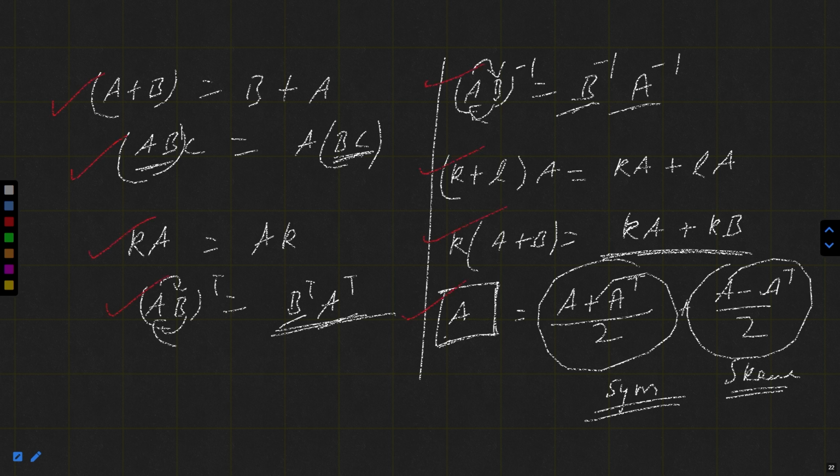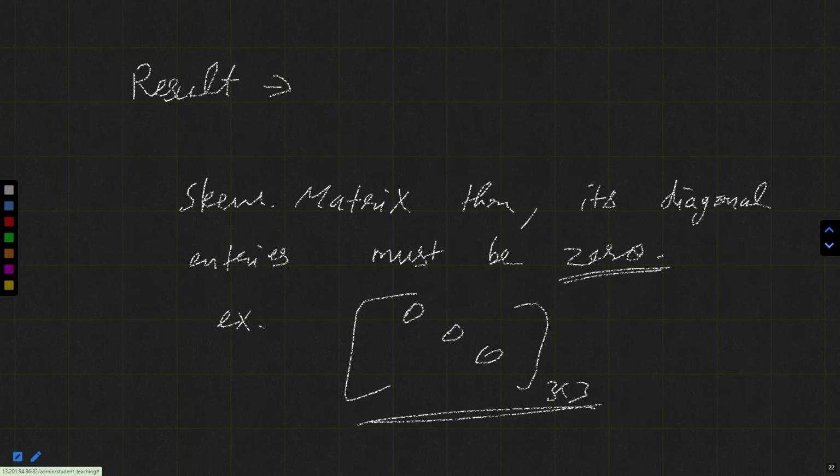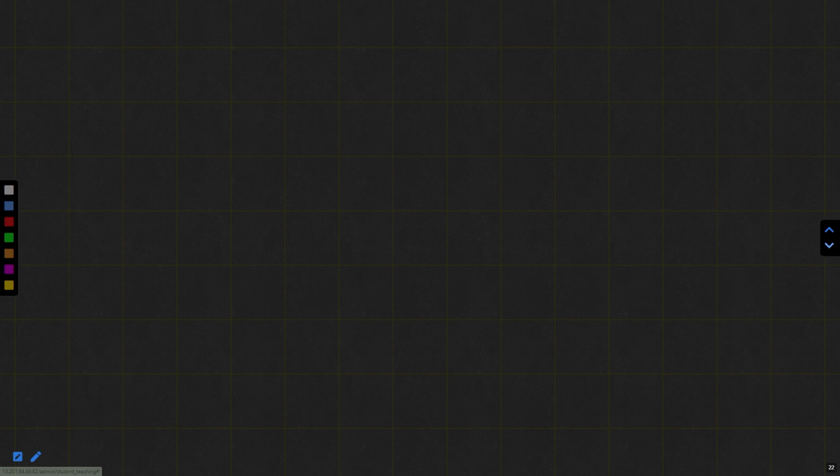In order to solve anything, please be careful with the product of two matrices. As you all know, in general commutativity doesn't hold in matrices. So AB is not equal to BA in general.